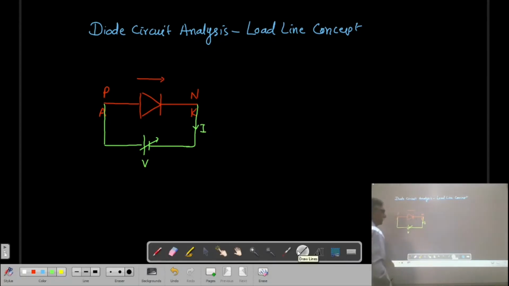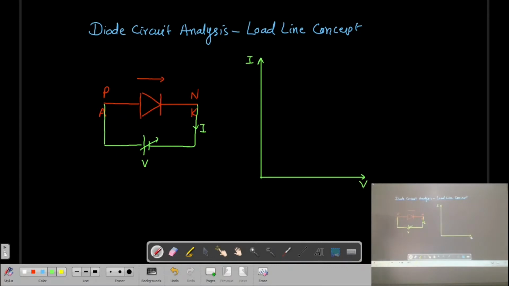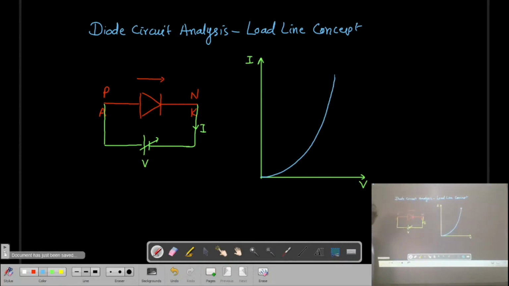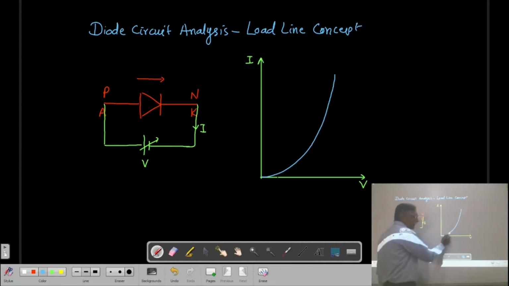Here, if we draw this, correct? Now in 12th standard, you have already learned that this characteristic is like this. Here you can see that when the input voltage or forward bias voltage is low, the amount of current in the p-n junction is very small.